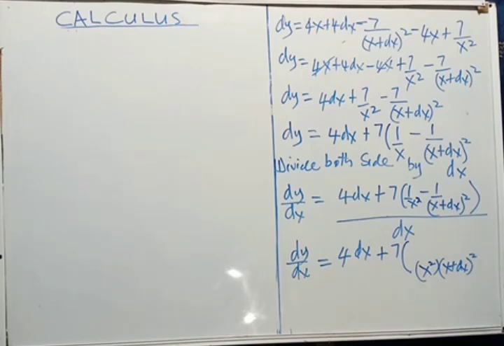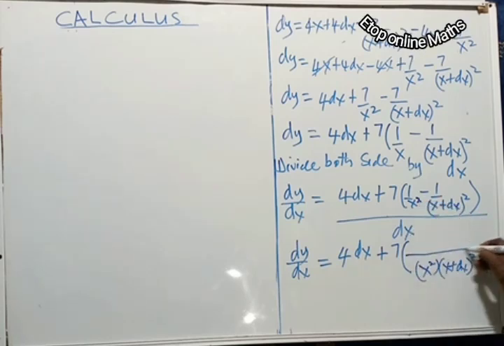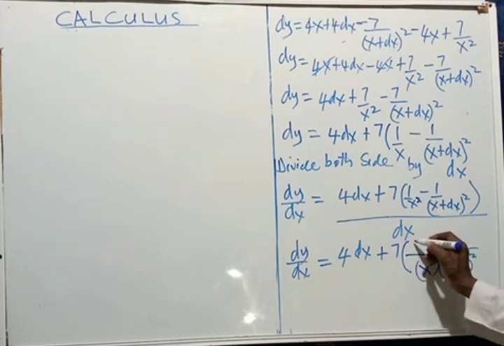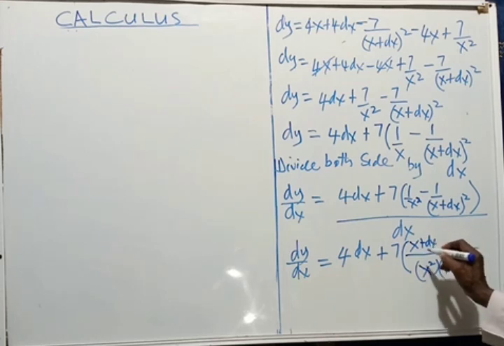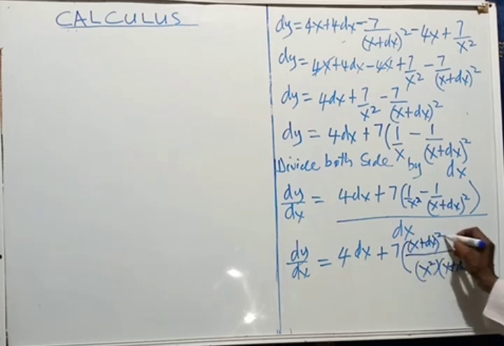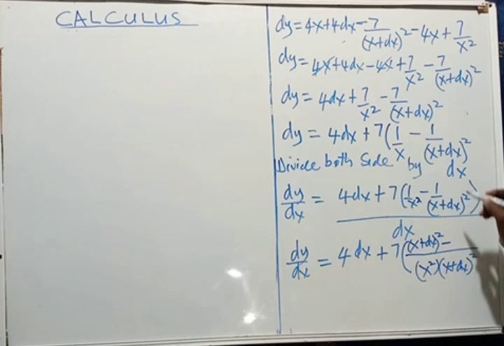So from here, this into this, x squared into the whole of this equation will give me x plus dx raised to power 2 minus, this into this will also give me x squared times minus 1. So I now have the minus x squared.